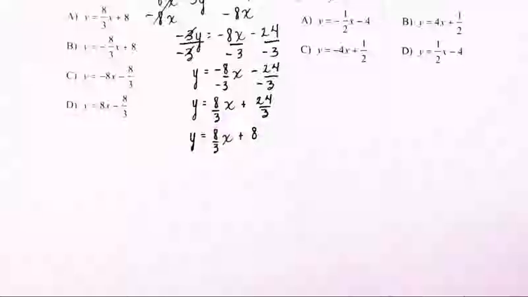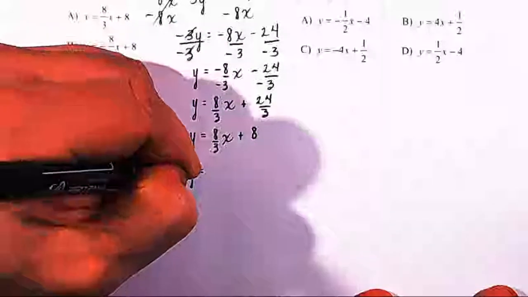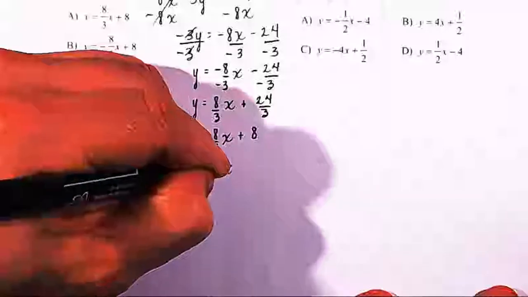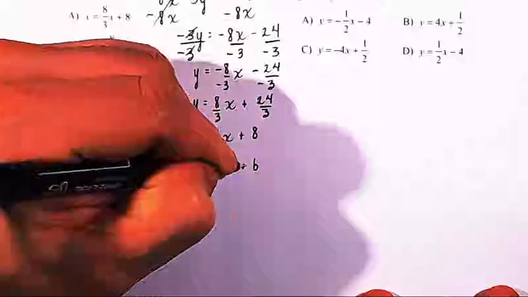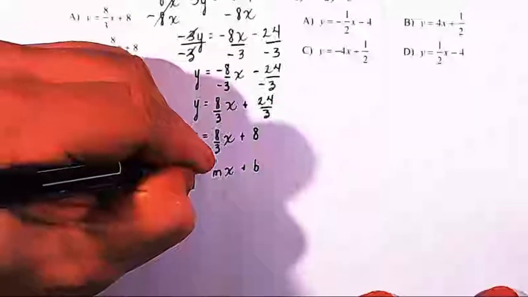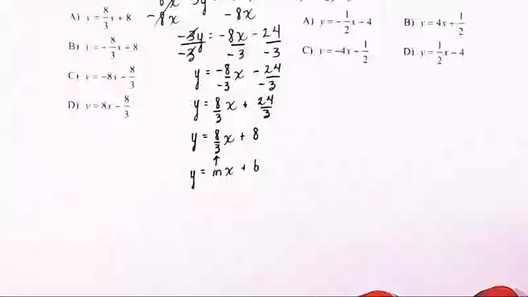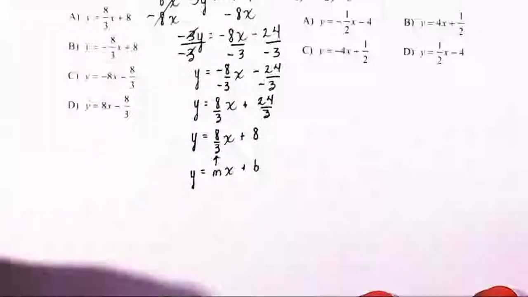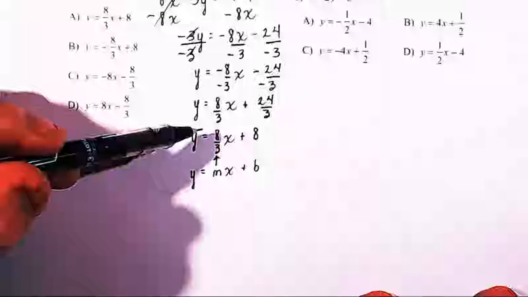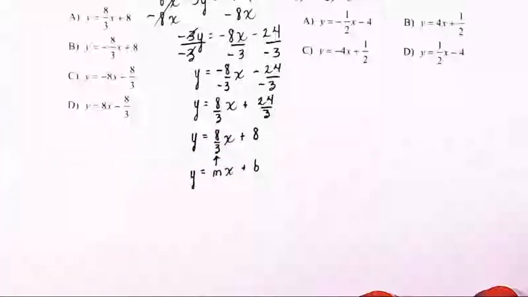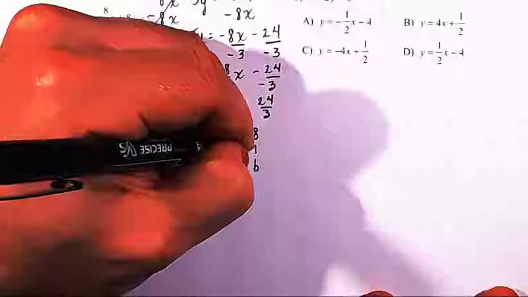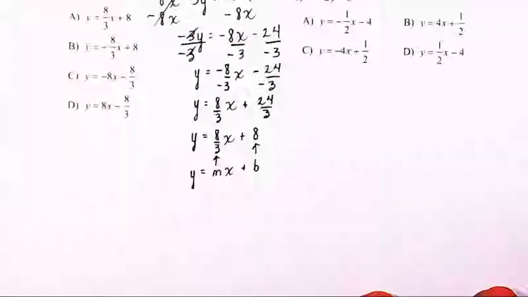We'll identify those points. So our slope-intercept form is y equals mx plus b. So 8 thirds, or 8 over 3, is m. That's the slope. The rise would be 8, and the run would be 3. Plus b, and b, which is the y-intercept, is 8.